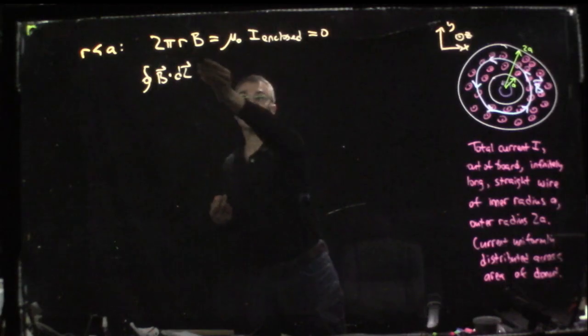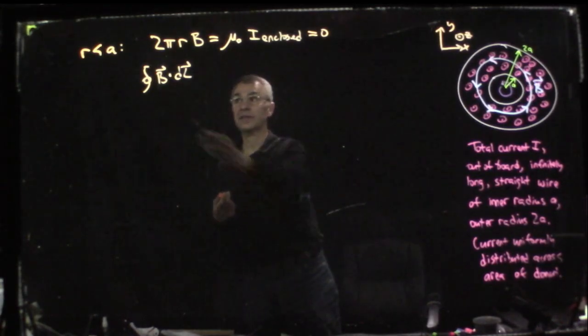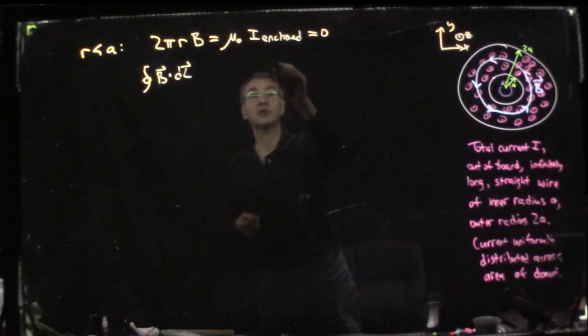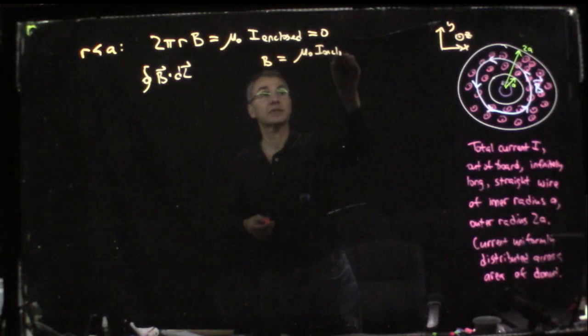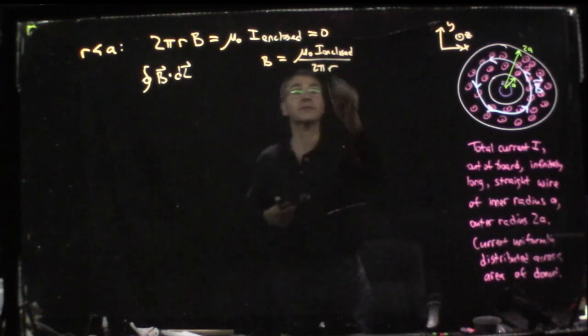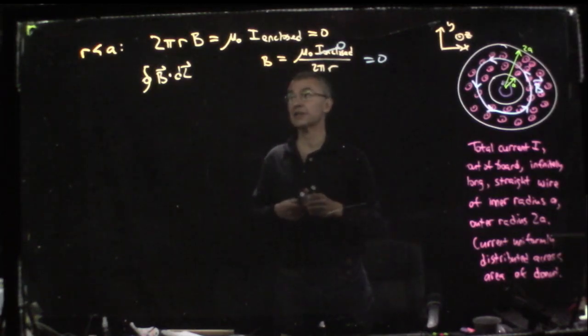So you can see that B equals 0 is the solution here for R less than A, because there's no enclosed current. You would get the magnitude of B is mu naught I enclosed over 2 pi r, but I enclosed is 0. So then B is 0 in this R less than A region.